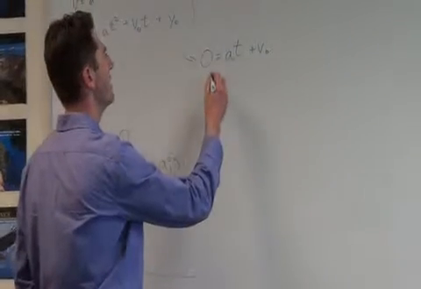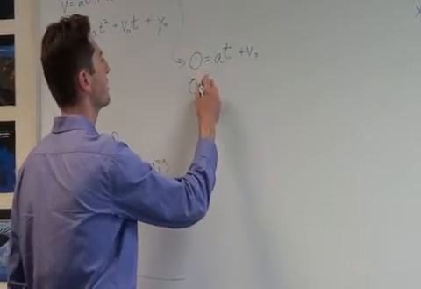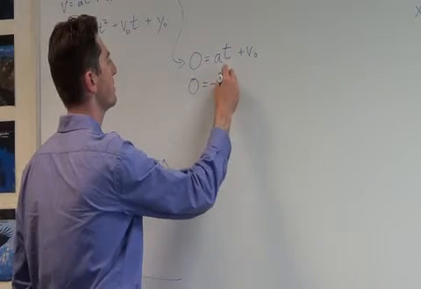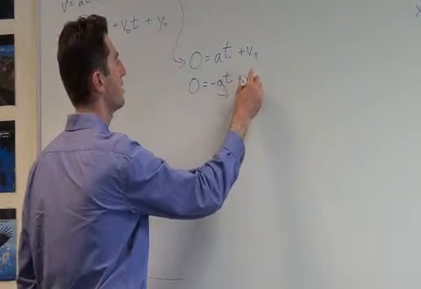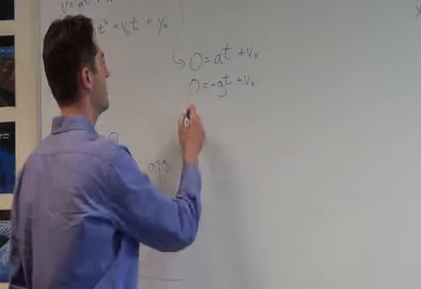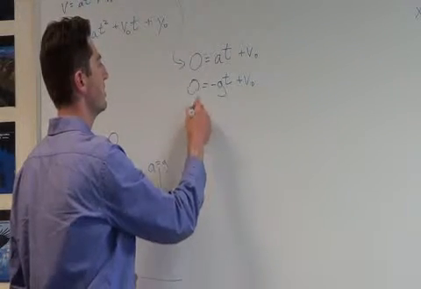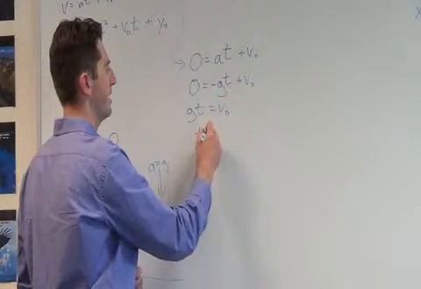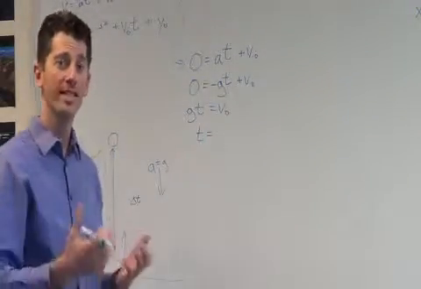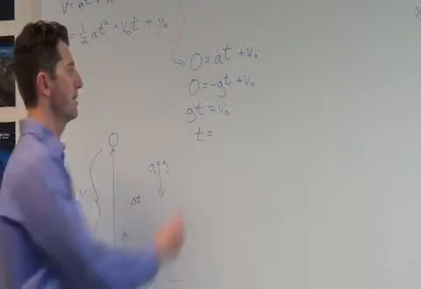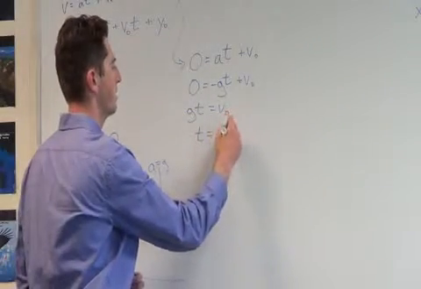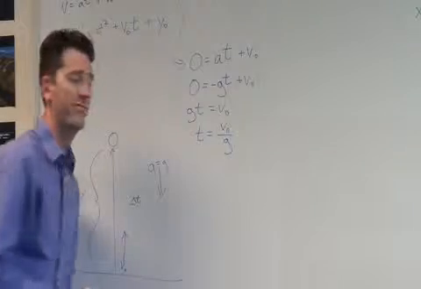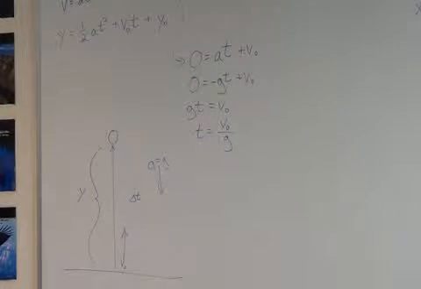So when I have 0 equals negative g times t plus v naught, I know that g times t equals v naught, and the time it takes to get to the top of the path is going to be v naught over g.